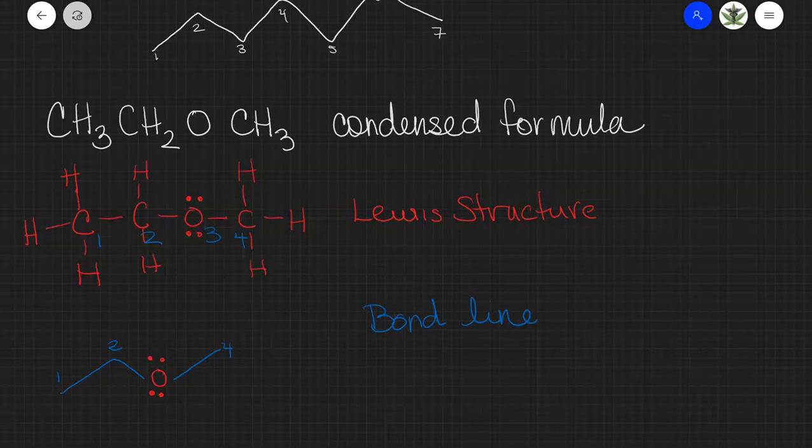So now I have just written the bond line structure. And you'll notice again this has that formula ROR, which we said represented an ether.